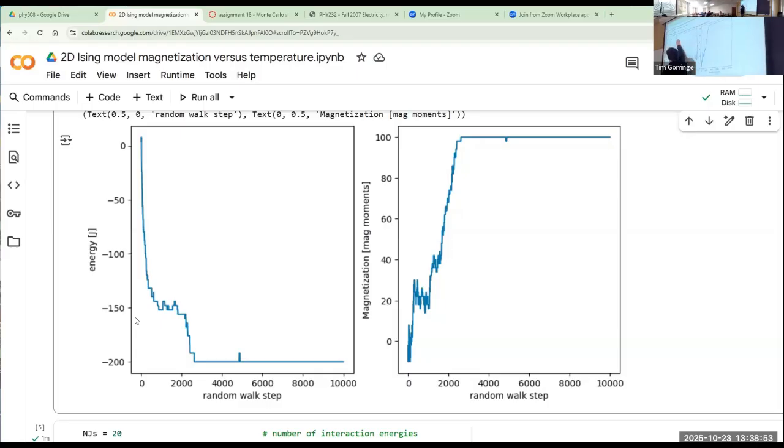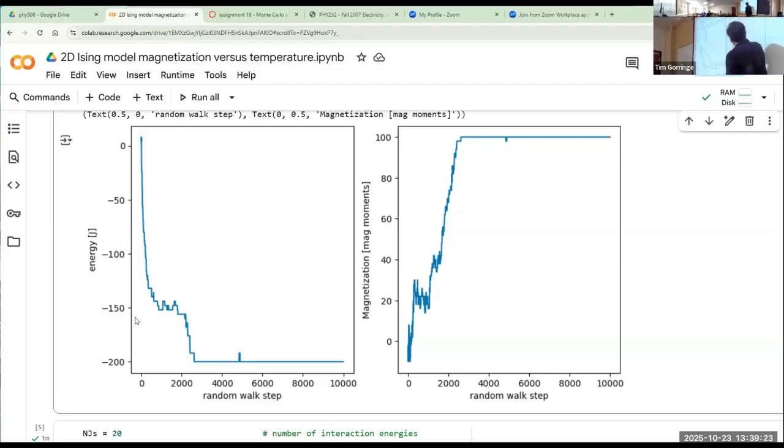Look at the energy. We started with a random collection of dipoles, and so very little magnetic energy. But because of the magnetic interaction, they wanted to line up with one another, and you see them here starting to more and more line up as we walk through the microstates until we get to this point over here where they're mostly all lined up and we get a large magnetization.